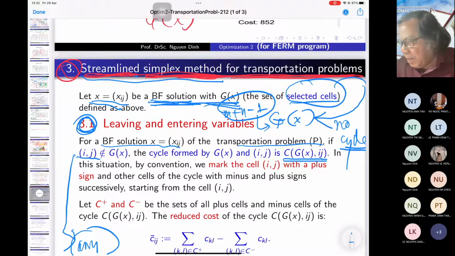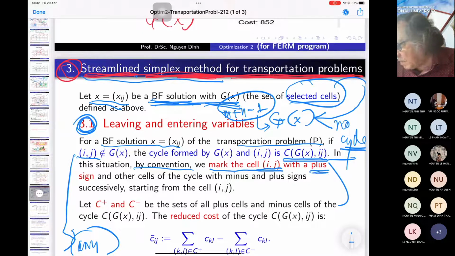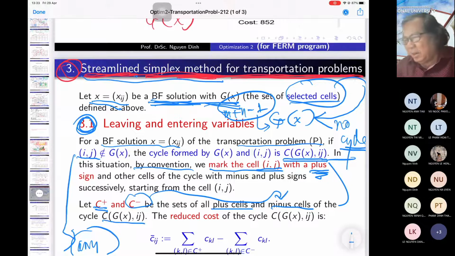By convention, we mark the cell ij, the cell that we just put in, with a plus sign, the next one minus, the next one plus, and so on. We let C plus be the set of all plus cells, and C minus the set of all minus cells of the cycle.